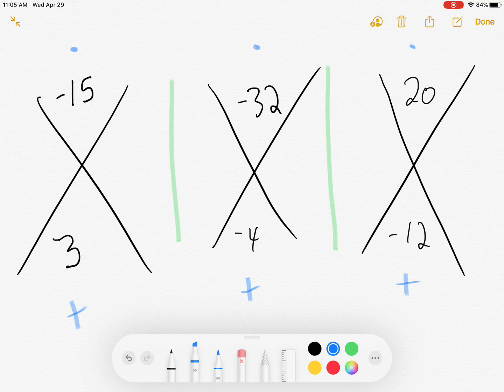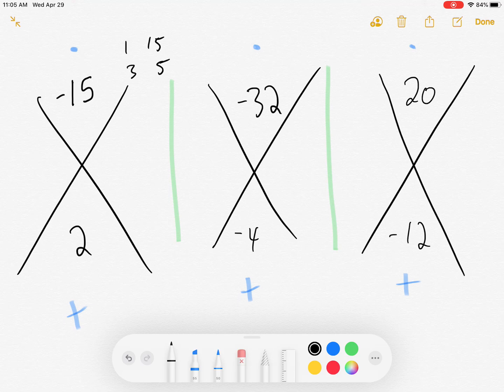So now we're looking for numbers that multiply to negative 15. First of all, ignore the negative. So we know that 1 and 15 make 15, and 2 and 5 make 15. I'm going to change this, actually. I want a 2 here, not a 3. Sorry about that.